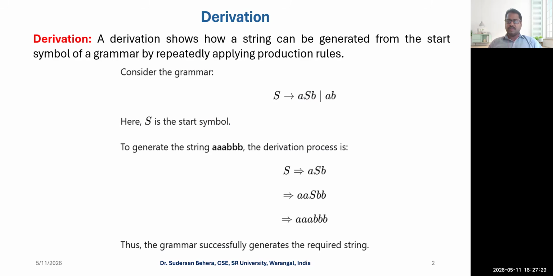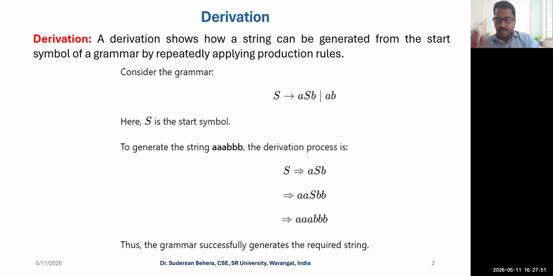Subsequent substitution in the sense what? A production rule has two parts. One is the left side, another one is the right side. The left side, as per the context-free grammar, must contain exactly one variable.